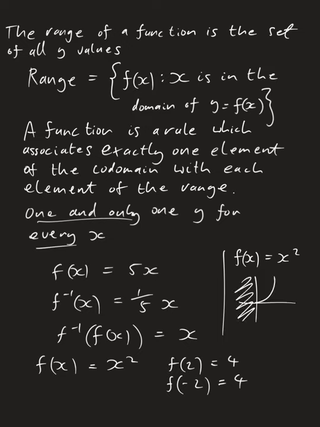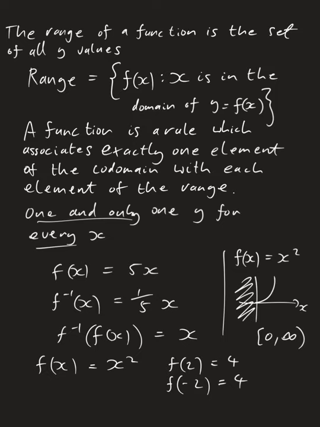So this part is not included. This function, where my domain is limited to the positive values, does have an inverse. Whereas the version where the domain is the entire number line does not have an inverse.